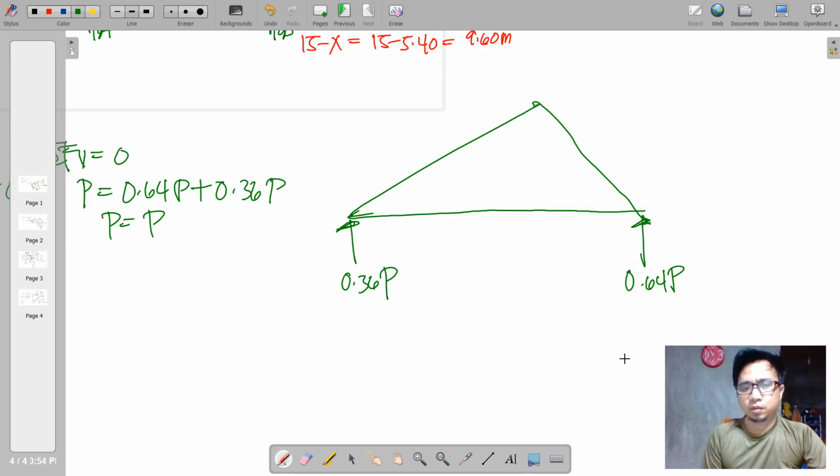So what shall we do with this? We will use the method of joints. We can do that by force triangles in each of the joints.